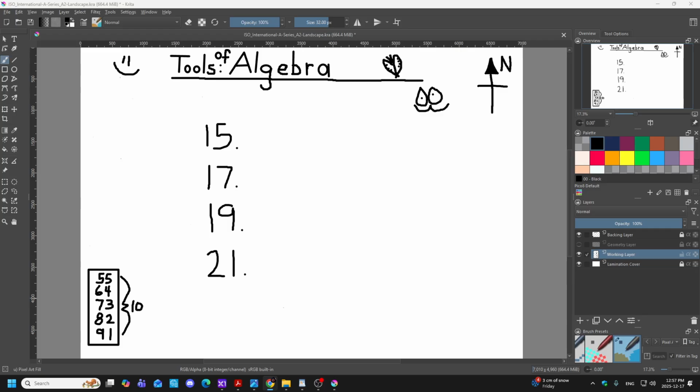The answer to 15 is 12. 17 is 17. 19 is 3. And 21 is 5. That's what I have. There are 2 solution sets.